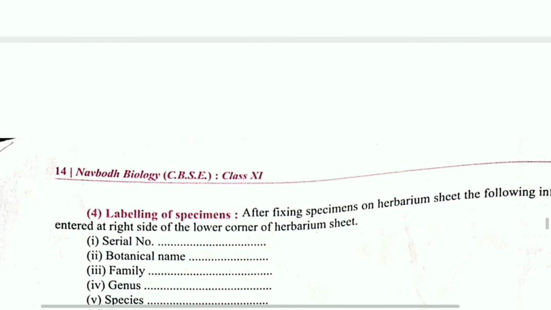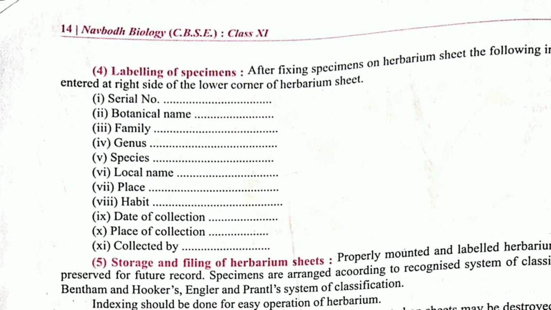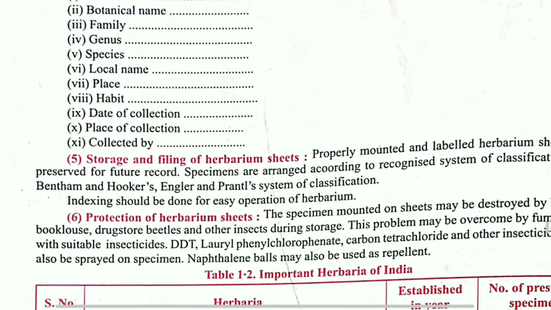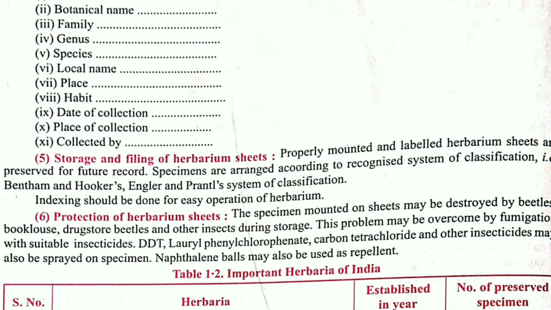Okay, the same thing is again given here. You have to write all these points in your herbarium copy. Then storage and filing of the herbarium sheet: how you will collect and how you will file. See children, suppose I ask you to prepare a herbarium file with 10 medicinal plants. So you have to collect 10 medicinal plants and they should have proper value.